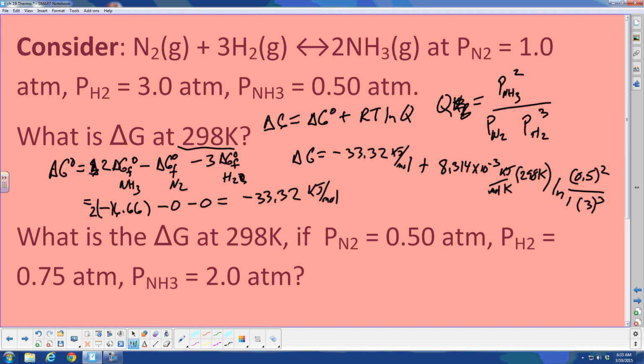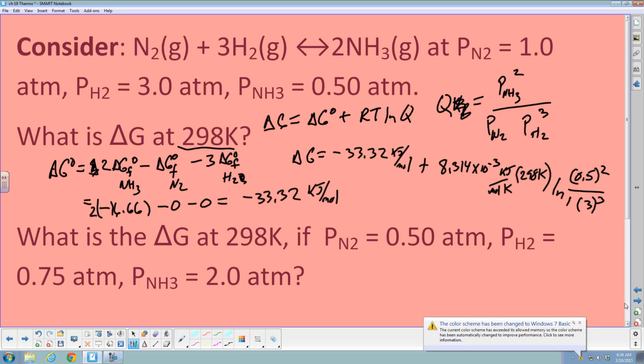I'm going to work from my Q backwards. 0.5 squared divided by 1 divided by 27, which is 3 cubed. Take the natural log of that. I get -4.68, times 298, times 8.314 times 10 to the -3rd, which is -11.6.